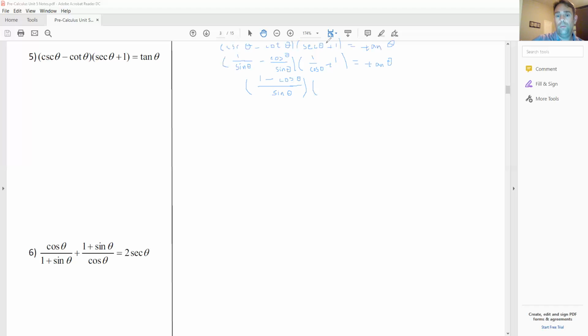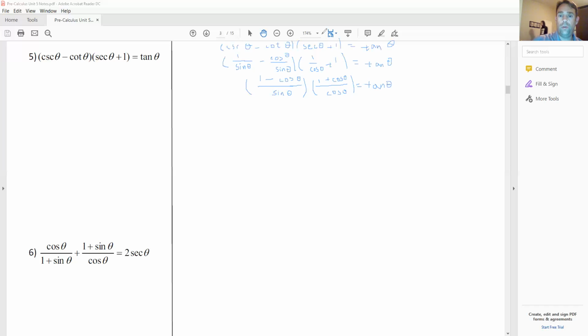Now, realize 1 is the same thing as cosine over cosine. So when I turn this other one into it, I can end up with 1 plus cosine theta, because 1 is cosine over cosine. 1 is anything over itself, over cosine theta. So I write it as 1.